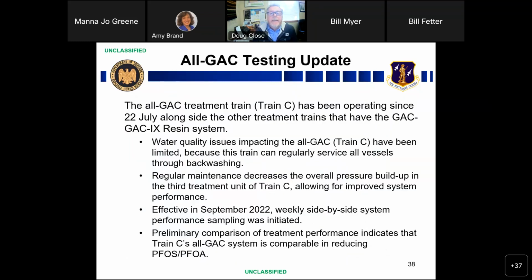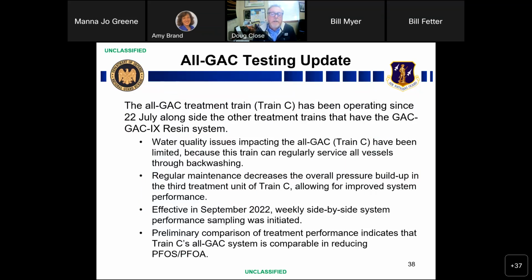So the all GAC testing update, again, train C, we operated it after the media change, and we started comparing our operational constraints and performance against the other 3 trains of GAC, GAC, and resin. Water quality, as you may suspect during the summer, is very difficult.